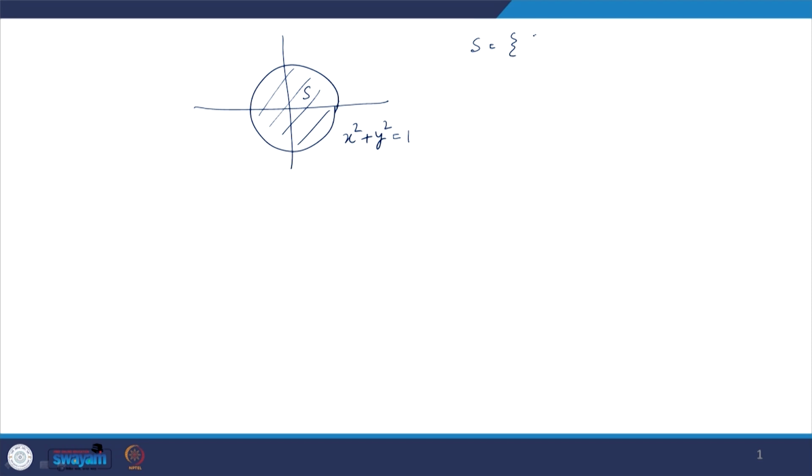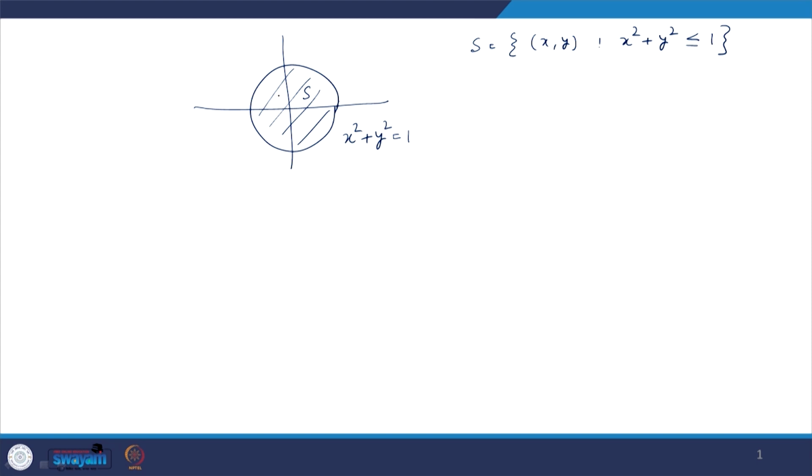S is all those (x, y) in R2 such that x square plus y square is less than or equal to 1. So, this S includes the boundary and all the points inside the circle.